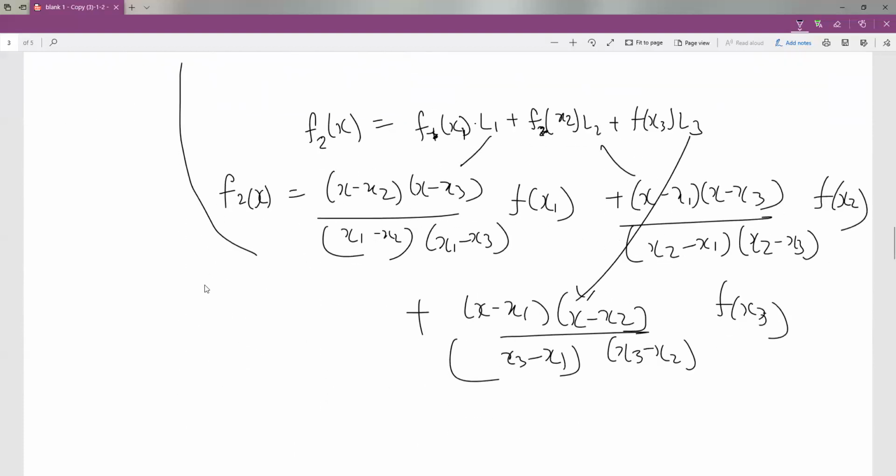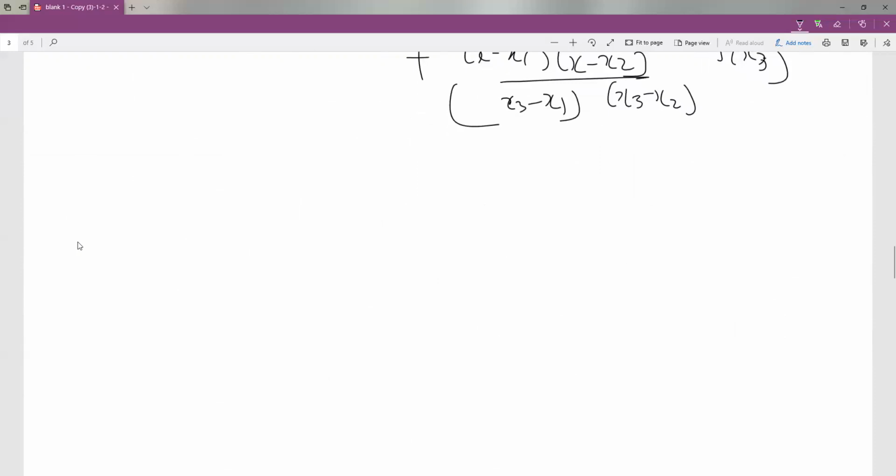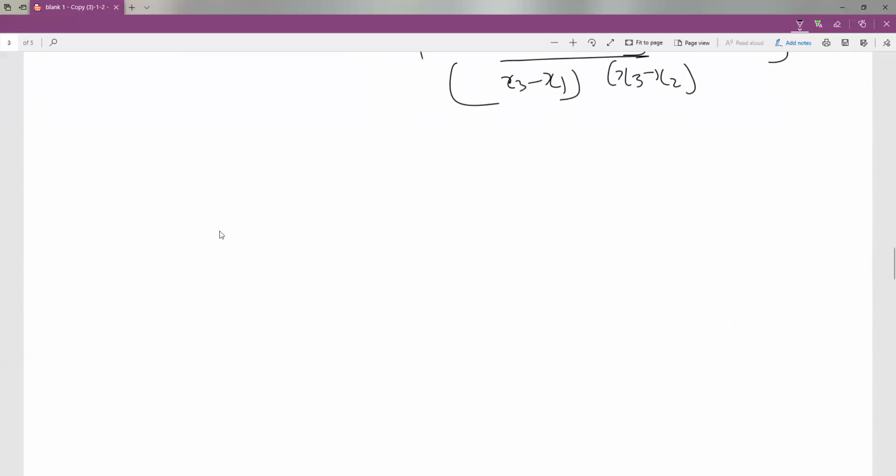Now we will try to see how you can actually construct this kind of coefficients. So we will write a general form of the function, let us name it L of x, as (x minus a)(x minus b) over c.